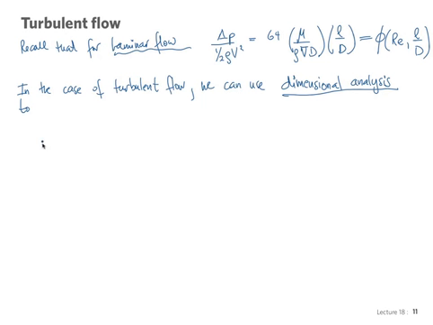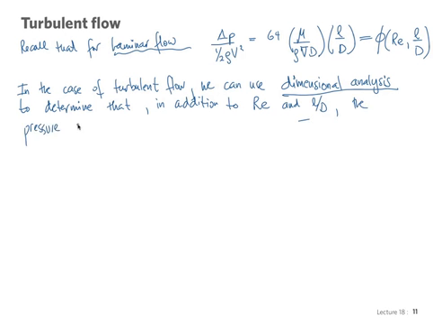So we can use dimensional analysis to determine that in addition to Reynolds number and L over D, the pressure drop in a section of pipe also depends on the roughness of the pipe.